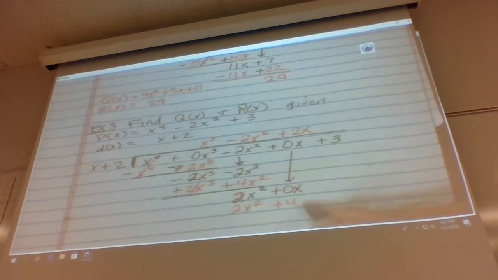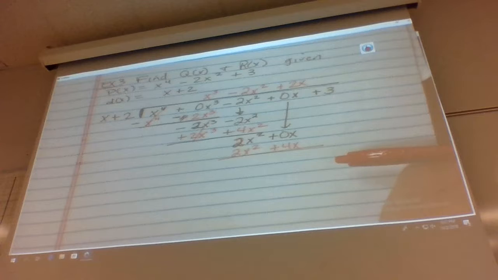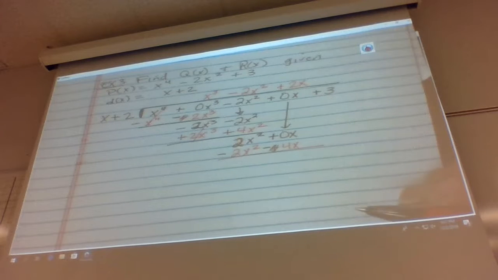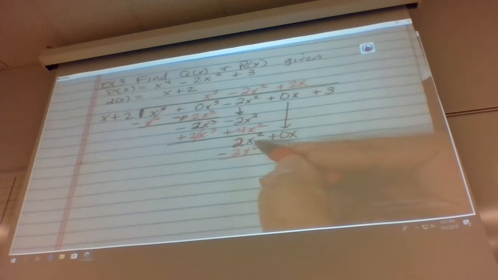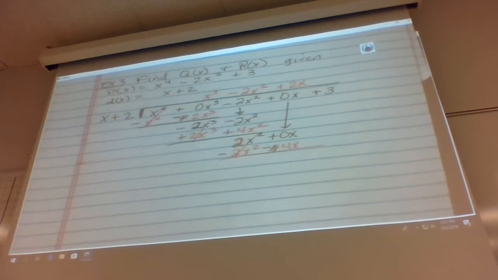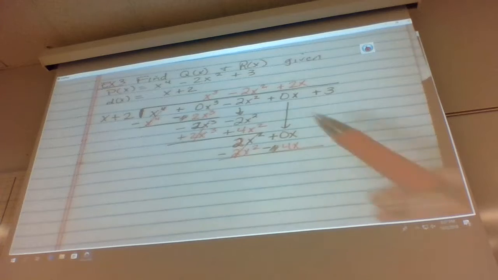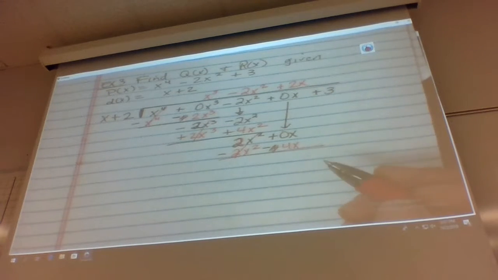Two x times 2 is 4x. Now with a positive, but because I have to change the signs, it becomes a negative, so now we bring down the 3.